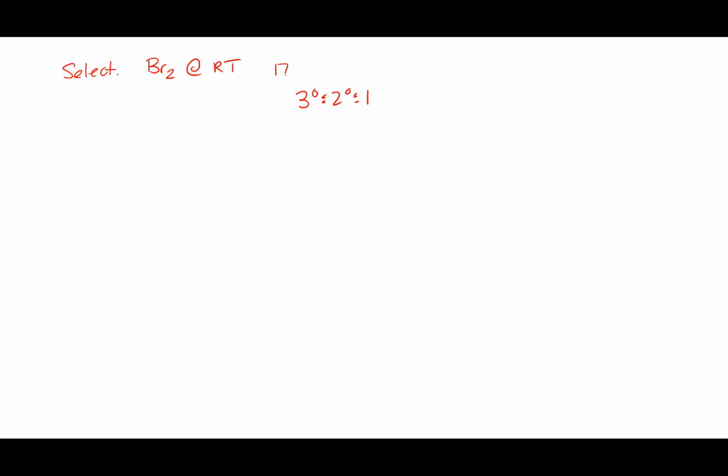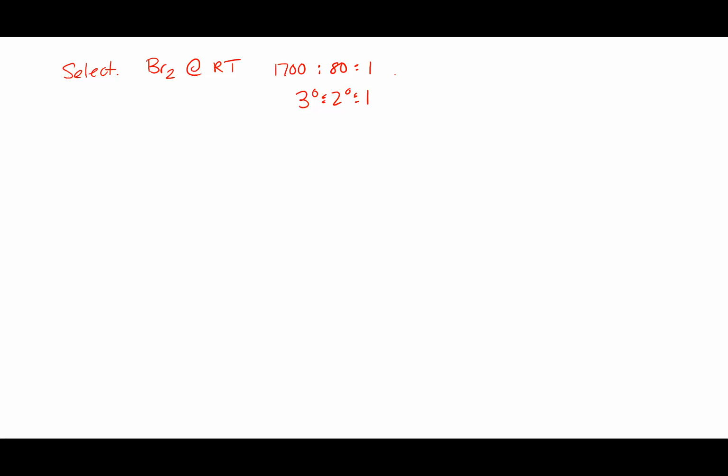They turn out to be 1700 to 80 to 1. So when we do bromination, our selectivities are much different.